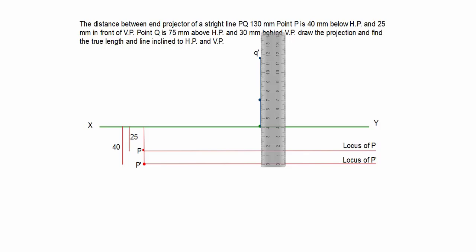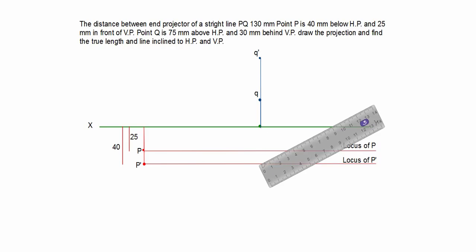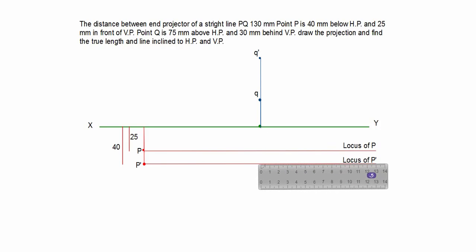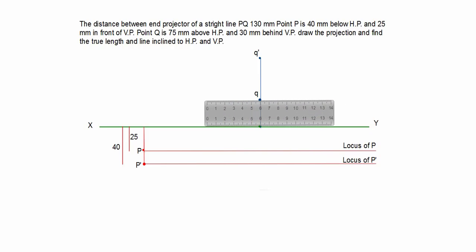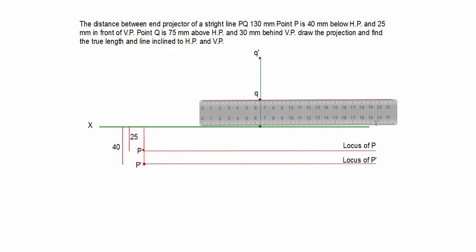Now again we have to draw the line. There are two locus of the other end. So first I draw the locus from Q point. It is called a locus of Q, and one more locus parallel to XY line from Q dash, called the locus of Q dash.